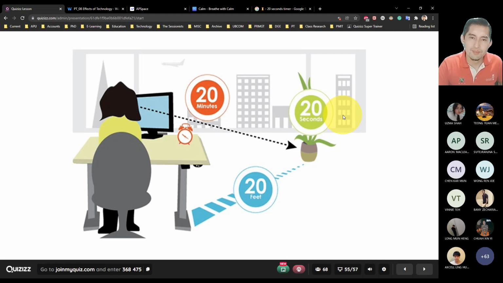Nice. What does a nice tree mean? You said nice, is it? Yeah. So what does a nice tree mean? No, I just love nature. So every tree is nice to you. Okay. All right. Thank you.